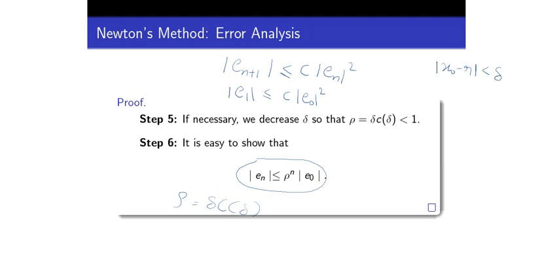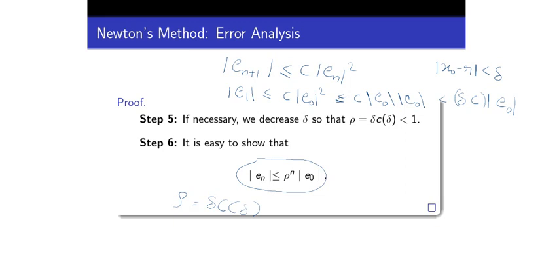So this is equal to C times mod of E naught times mod of E naught. Since mod of E naught is less than delta, this is less than delta times C times mod of E naught.